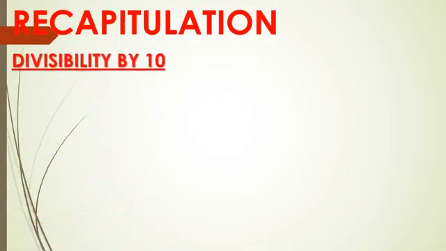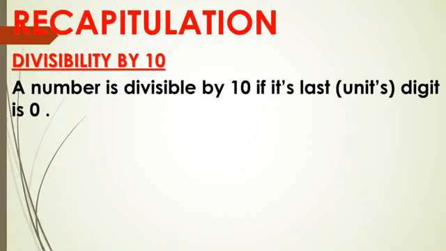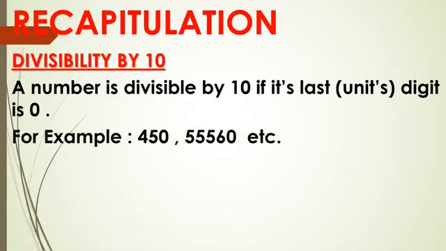Recapitulation. Divisibility by 10. A number is divisible by 10 if its last, that is ones place digit, is 0. If we have to find out whether a number is divisible by 10 or not, we will see its ones place, units place digit.